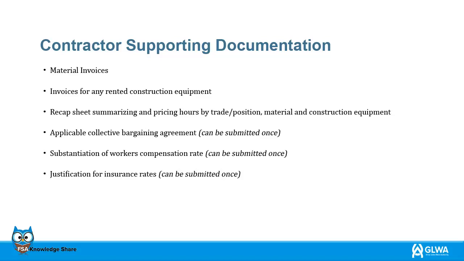Supporting documentation is required for the project manager analysis and before final approval. Therefore, the contractor shall provide the following items: any invoices on materials, invoices for rented construction equipment, a recap sheet that summarizes and shows pricing by hours listed by trade position, and materials and construction equipment, an applicable collective bargaining agreement, verification of any workers' compensation rate, and justification for insurance rates.